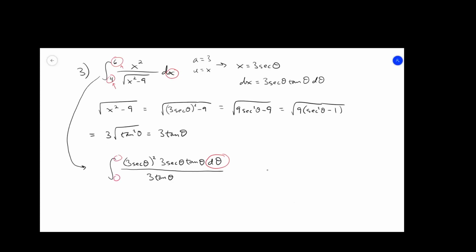And how do I determine what those theta bounds are going to be? I plug them into the substitution. So what is the new lower bound? Again, I have to change them into theta values now. Let me just say bounds in general here.